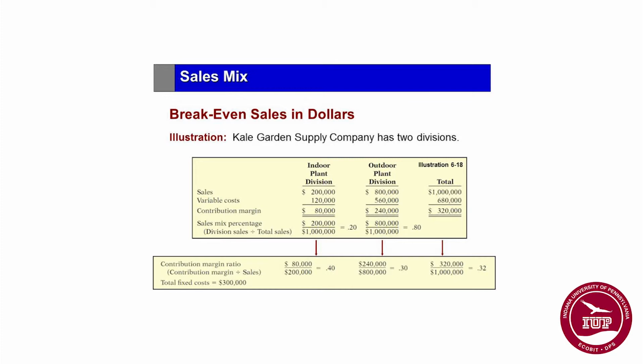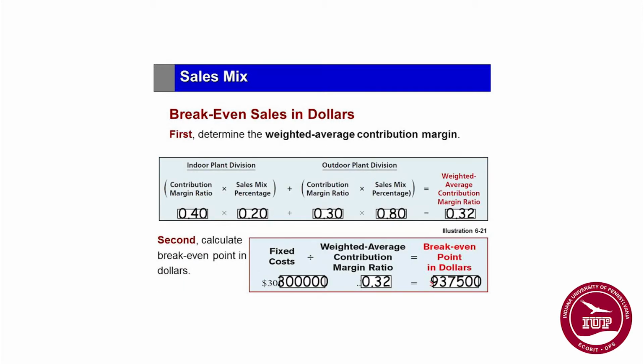Now, when you combine these two ratios together for a total contribution margin of $320,000 divided by $1 million, your weighted contribution margin ratio is 32%, with a fixed cost of $300,000. So the weighted contribution margin ratio will replace the contribution margin ratio in our original formula.